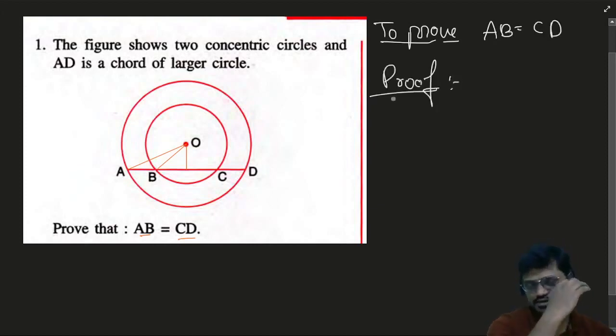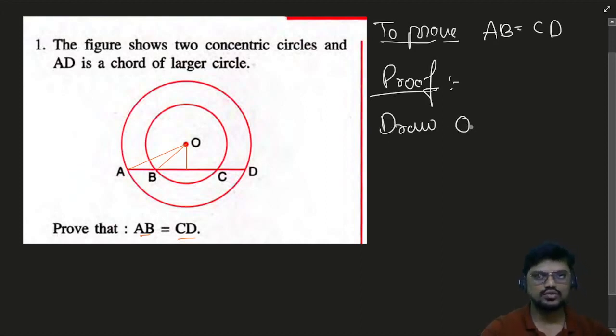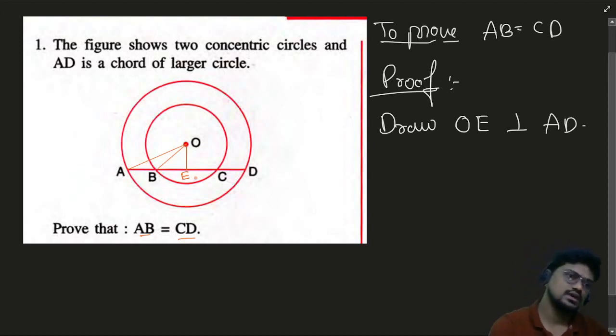The proof is, there is some construction. Draw OE perpendicular to AD. Okay, I have drawn this OE perpendicular to AD, right? Now what we know is AE is equal to ED.